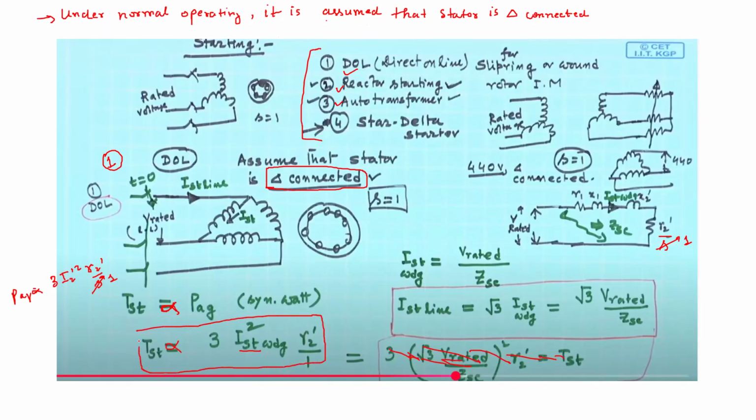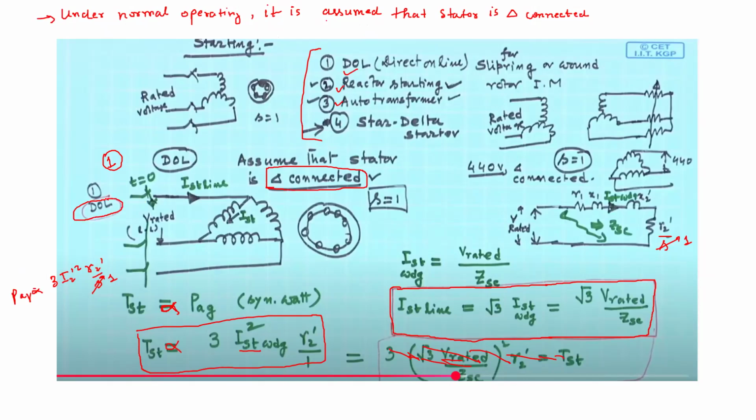Now we will be comparing the starting torque and the starting current of various methods. We know that in direct online starting, because we have connected the rated voltage across the machine, the machine will draw huge current, and there will be various issues. The winding can be damaged. That is why direct online starting is used only for small machines.